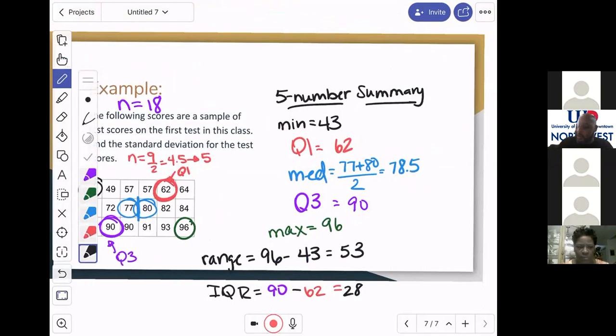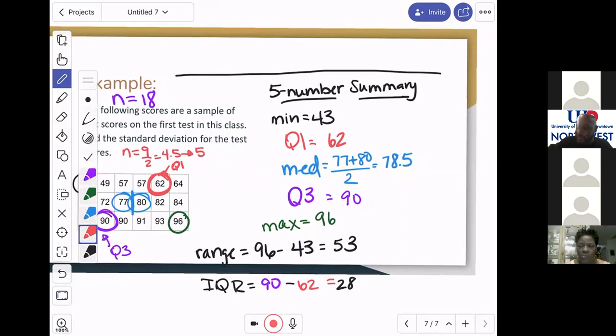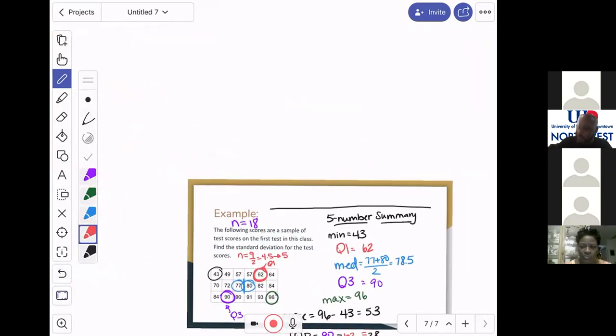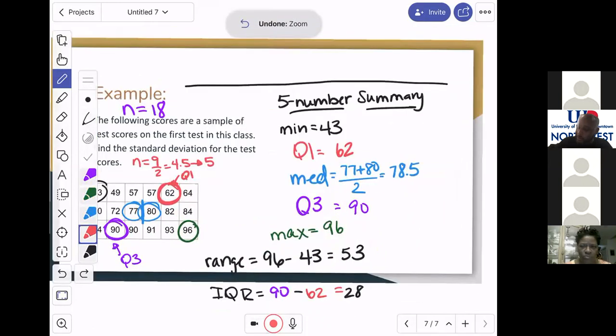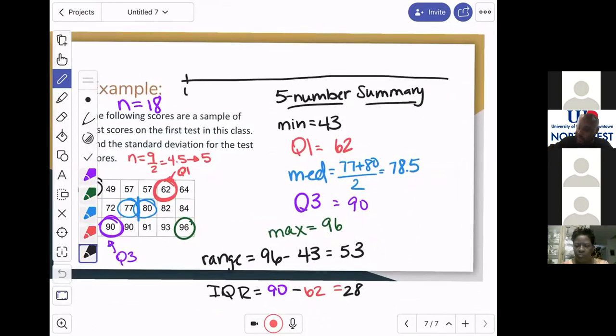A box and whisker is just this. Make a horizontal axis. I'm gonna label this horizontal axis with the 5-number summary. And your 5 numbers are the minimum value, Q1, I'm sorry, the minimum value is at 43.